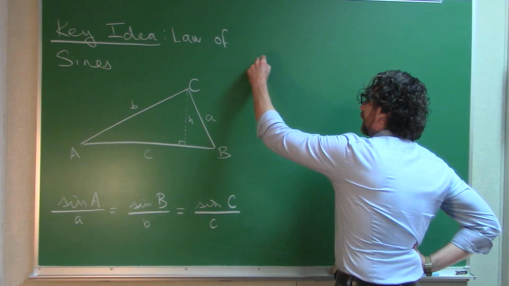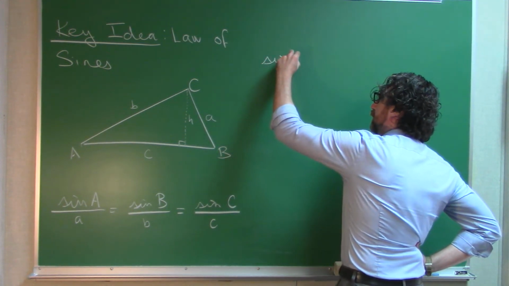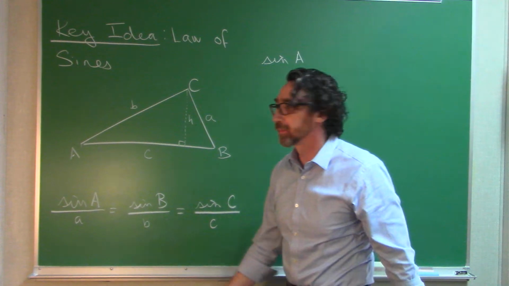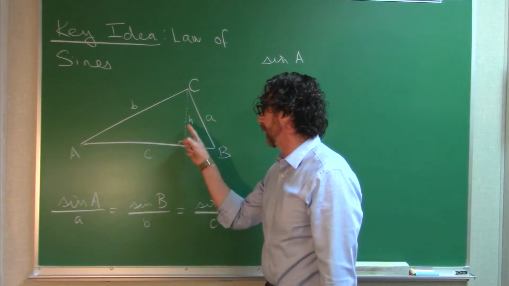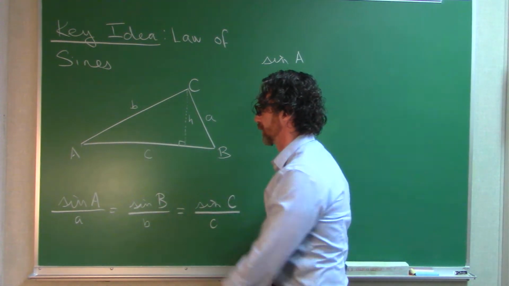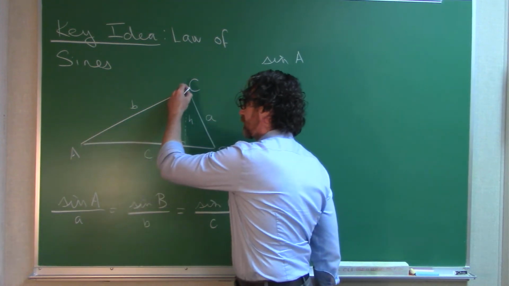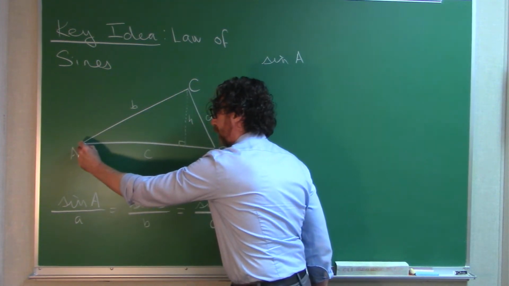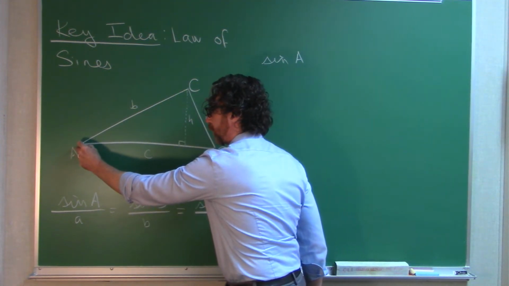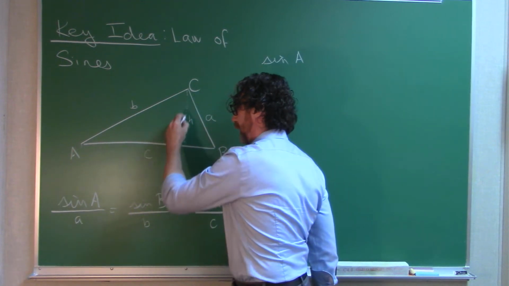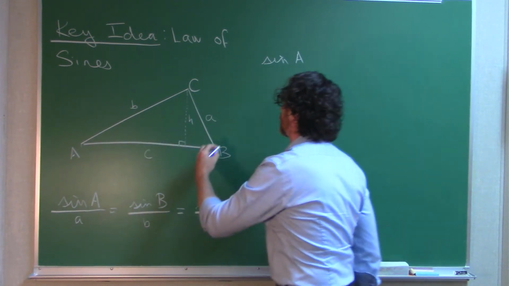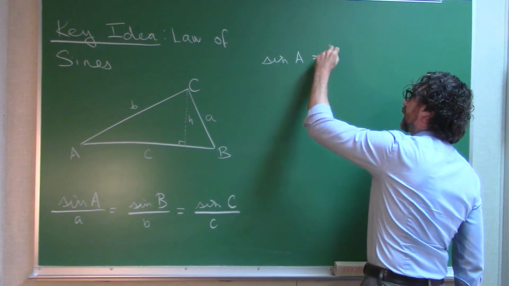Now, if I were to look at, let's say, sine of angle A, it would be opposite over hypotenuse. Here I'm focusing on this right triangle. If I'm talking about this angle, here's the opposite side, h. So sine A is equal to h over b.